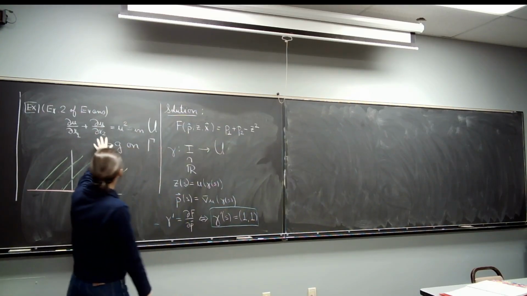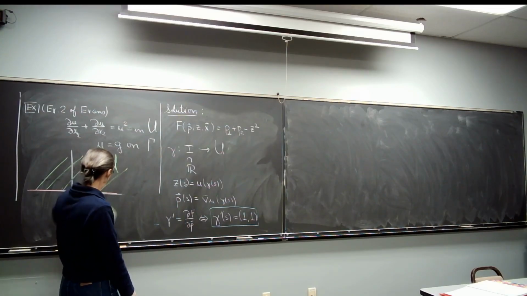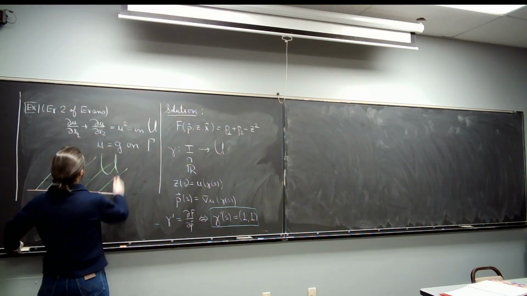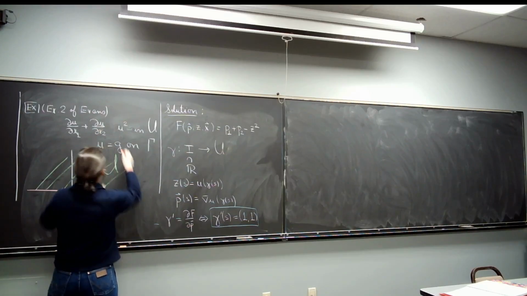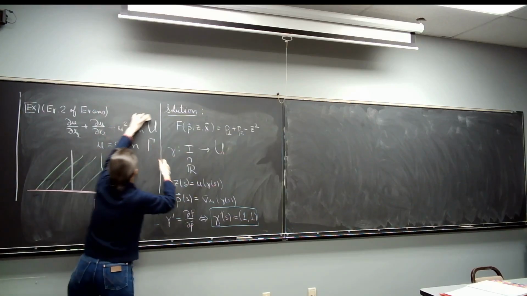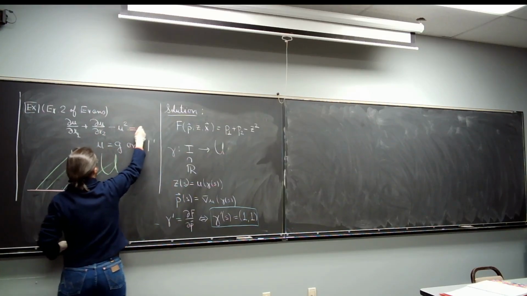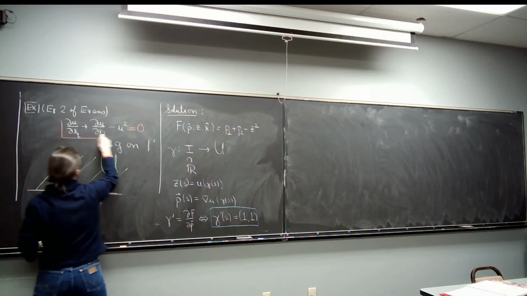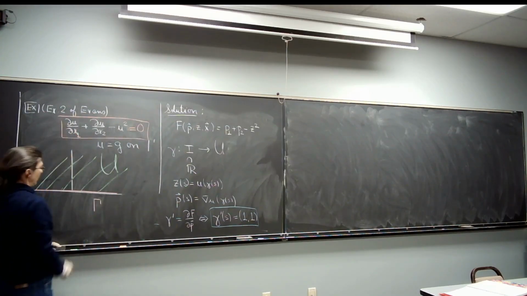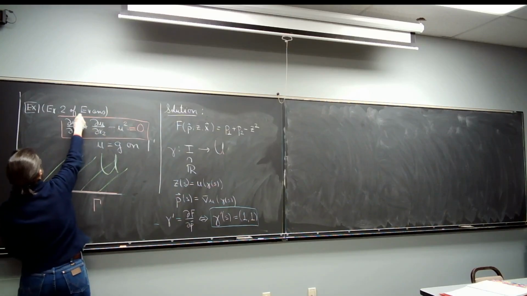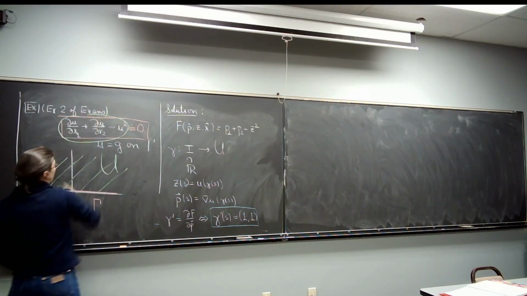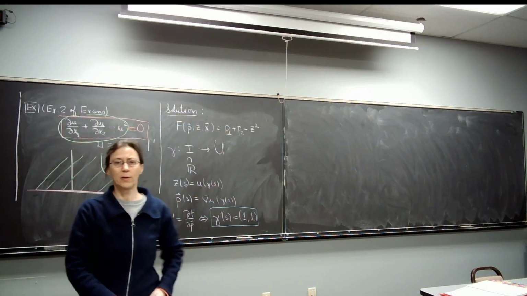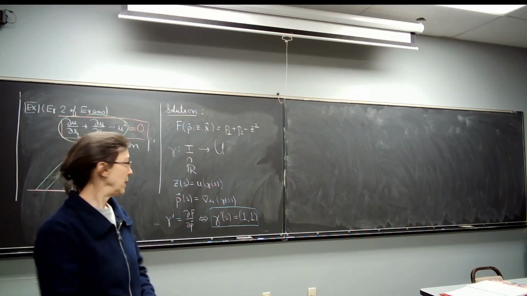First, you write this in the form. You write the equation in the form, and you've got to match it up in order to identify. Here's f. I've written it in the form f equals 0.